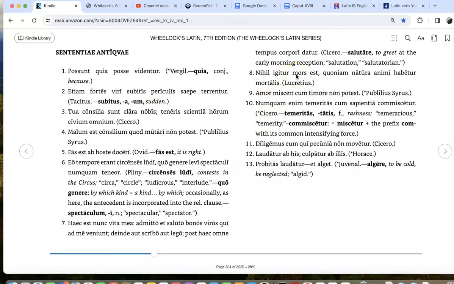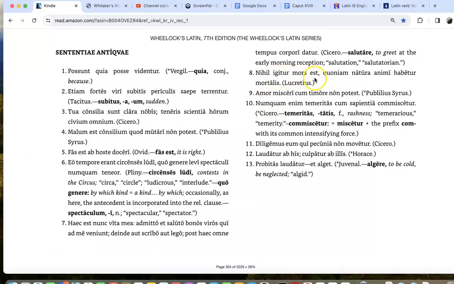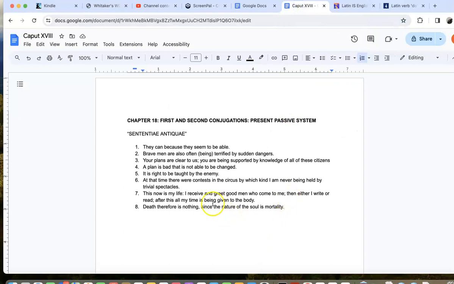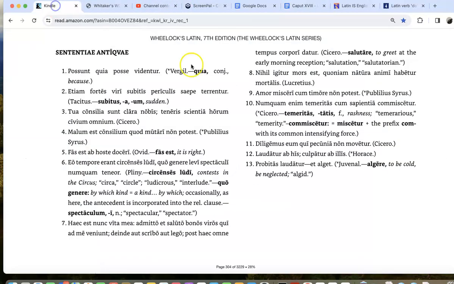Mors, death, therefore, igitur, is nothing. Since, quoniam, the nature of the soul is having mortality. Again, that's what it literally means. I put it in more idiomatic English. Death, therefore, is nothing, since the nature of the soul is mortality.